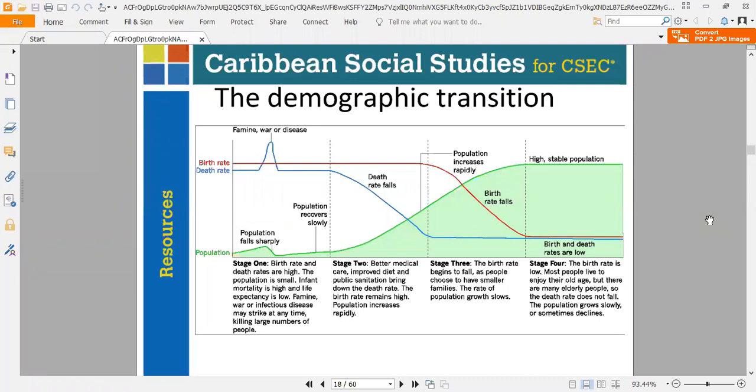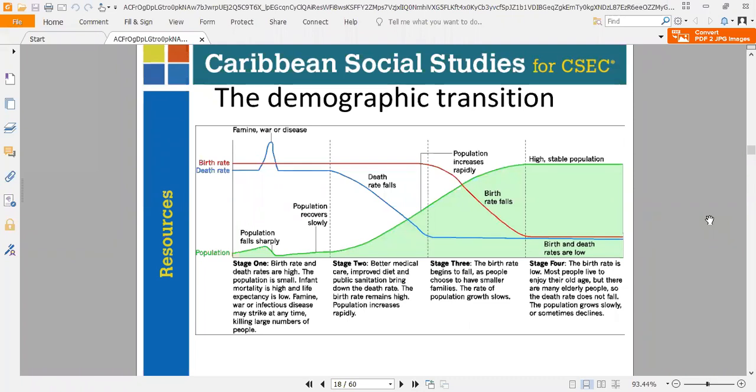But now that the birth rate begins to go down, we realize that the population in terms of growth begins to kind of plateau, it begins to kind of level off, right? And then now at phase 4, we see the birth rate is low. Most people live to enjoy their old age, so there are many elderly people.